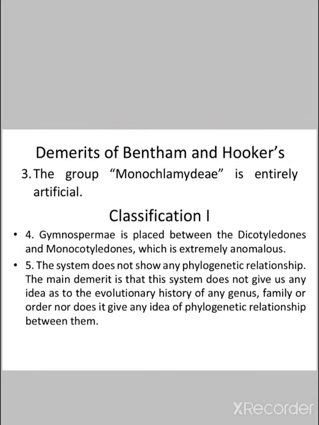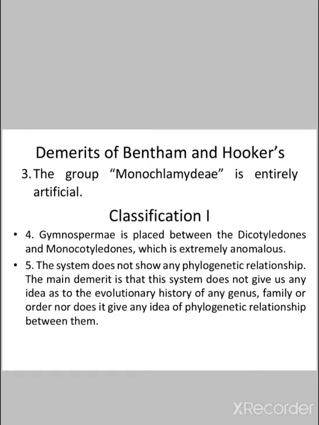The group Monochlamydeae is entirely artificial. Gymnosperms are placed between the dicots and monocots, which is the most controversial anomaly. The system does not show any phylogenetic relationship.